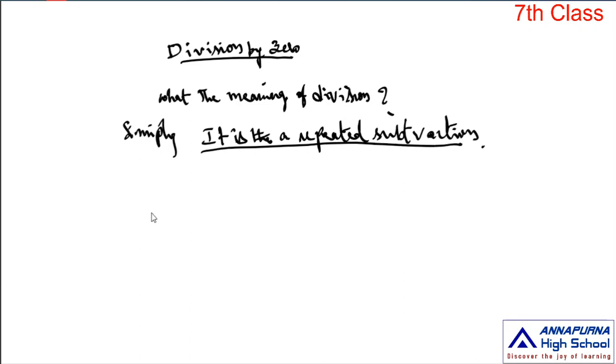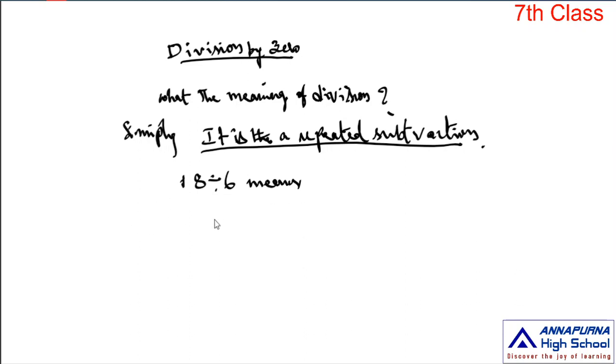So how do we divide a number by another number using this method? 18 divided by 6. What does it mean? 18 divided by 6 means how many times we can subtract 6 from 18 repeatedly so that we get 0 as a result.